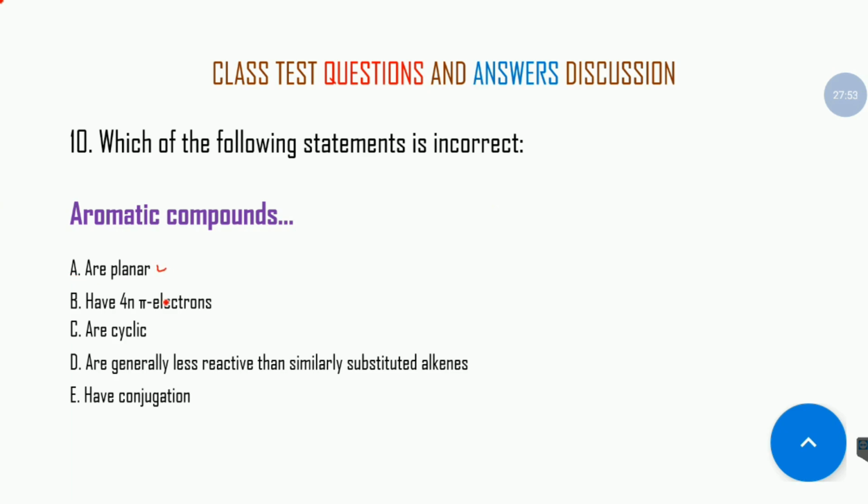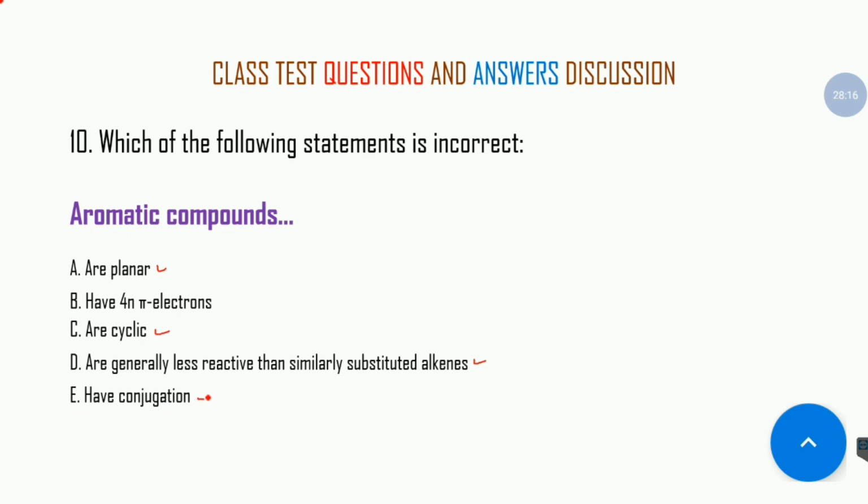Aromatic compounds are generally less reactive than similar substituted alkenes. This statement is also correct, because aromatic compounds are the most stable compounds in chemistry, and most stable compounds are less reactive. Having conjugation is also correct.